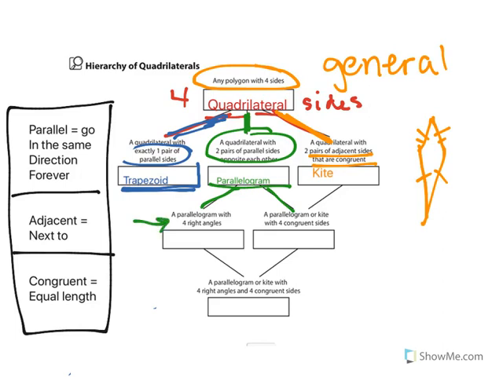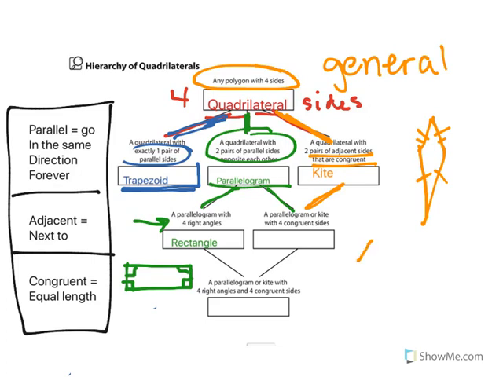There is a certain kind of parallelogram that has 4 right angles. So this has 4 right angles and 2 sets of parallel sides. What is that called? Great, that is called a rectangle, okay? A parallelogram with 4 right angles. Now, what is a parallelogram called, or a kite called, that has 4 congruent sides, okay?